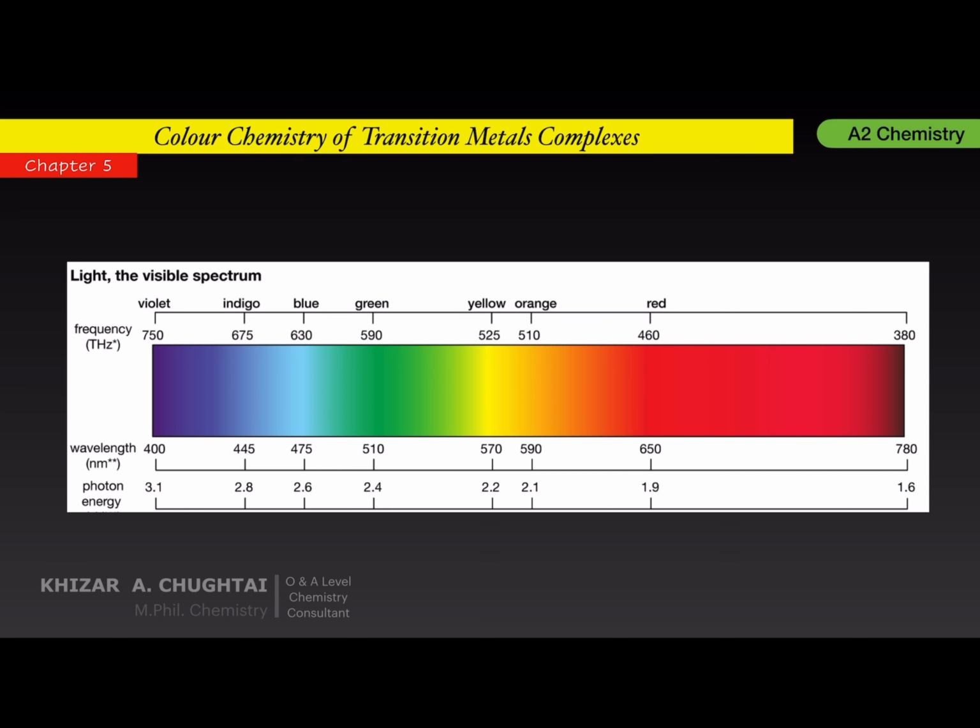As we move from left to right, from violet to indigo, blue, green, yellow, orange, and red, the wavelength increases. As the wavelength increases, the photon energy of the band decreases. So the highest energy belongs to the violet color and the lowest energy belongs to the reddish compartment.